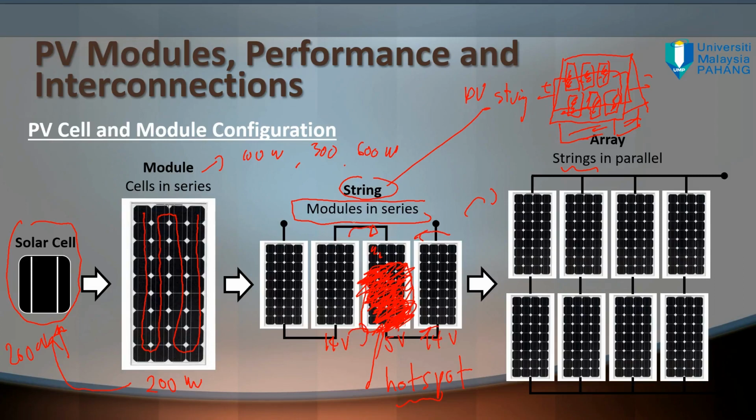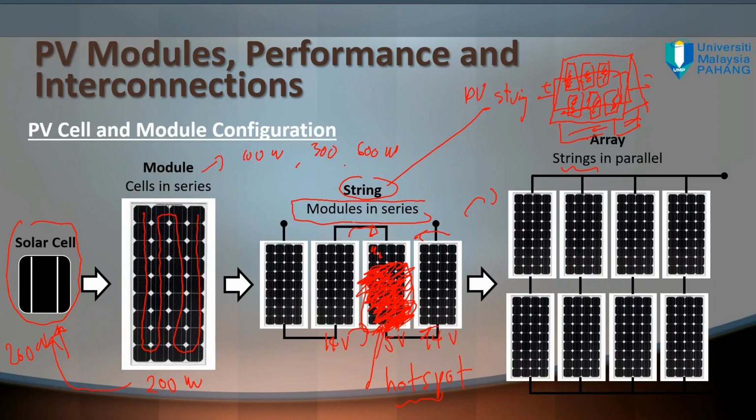The flow of current will be focused on that module because its voltage is very low due to the hotspot. So that part becomes hotter, and the temperature gets higher and higher. At the same time, it reduces the whole generating current because of the reverse current.